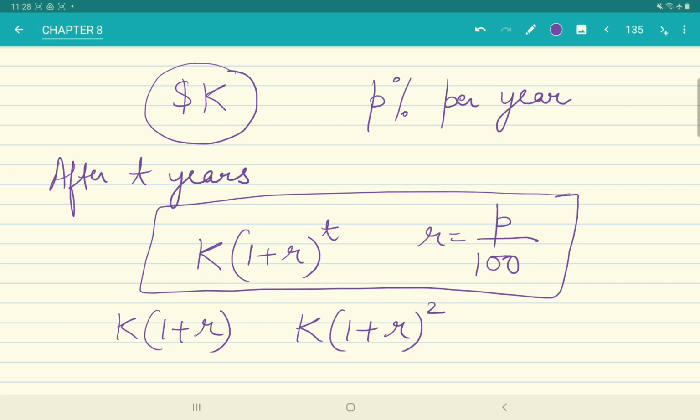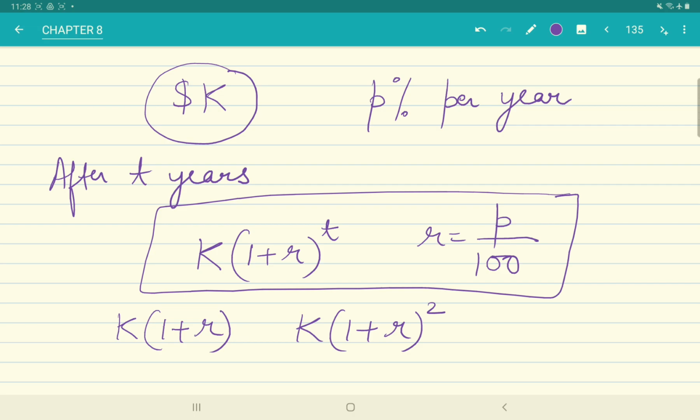So the point I'm trying to make is that I'm adding interest to the principal after 6 months rather than a year, and the interest rate is, instead of p%, p by 2%.